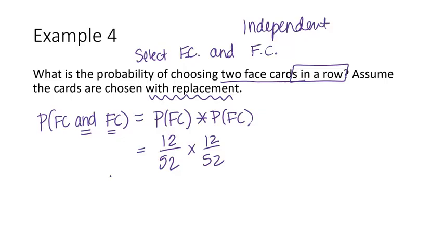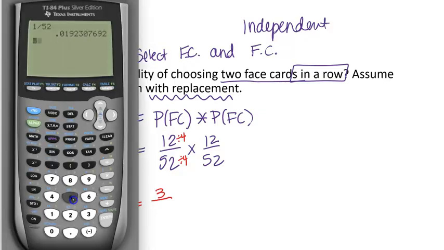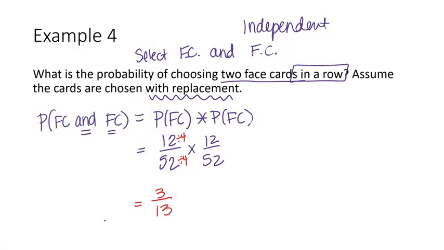Looking at this, I'm not really sure I can reduce, but I probably can. I know earlier I was able to divide a 4 out, so let's try that. 12 divided by 4 is 3. If you're not sure, 52 divided by 4, oh, yep, that works too, is 13. And I can't go any further.